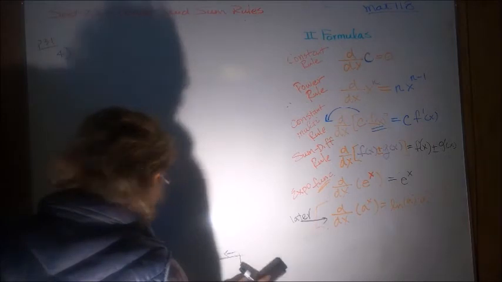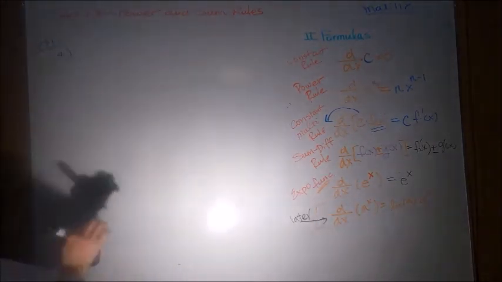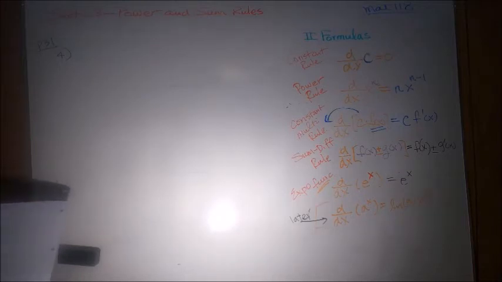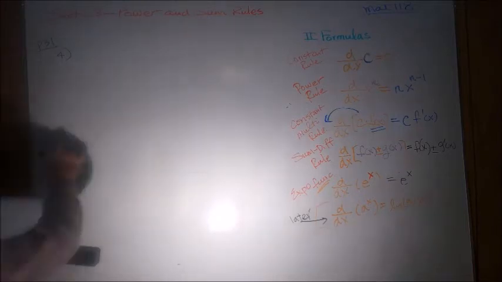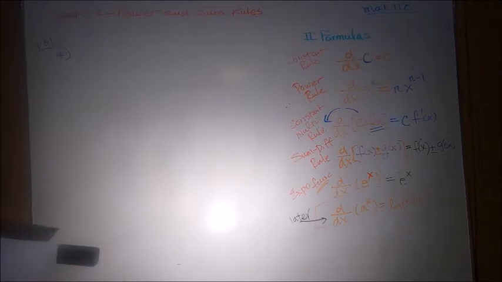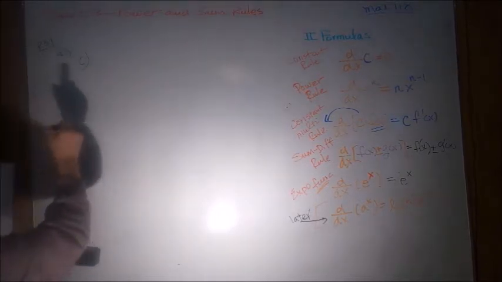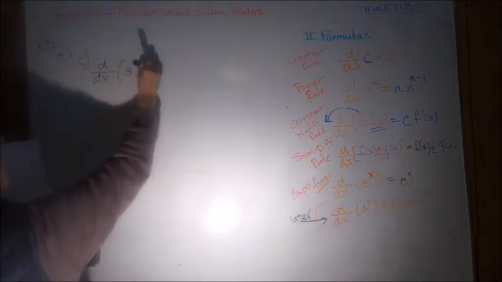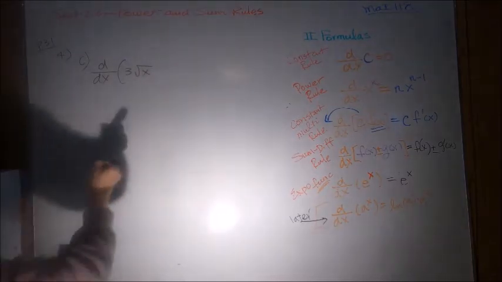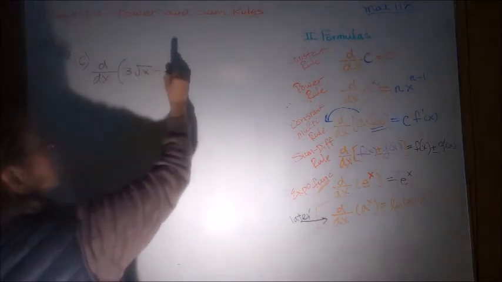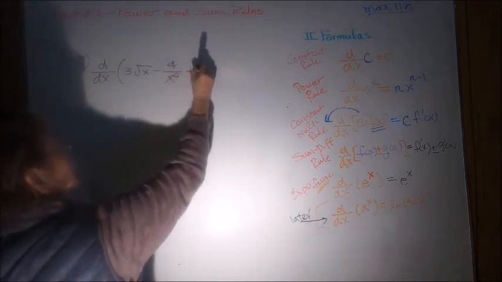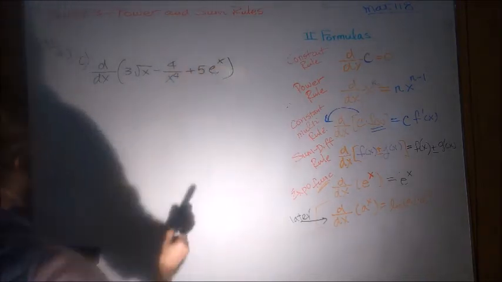Okay, so let's come back to page 31. Where are we? Oh, okay. On the bottom, part number 4 over c. So we have d dx of 3 to the square root of x minus 4x to the 4th power in the denominator, and 5e to the x power.